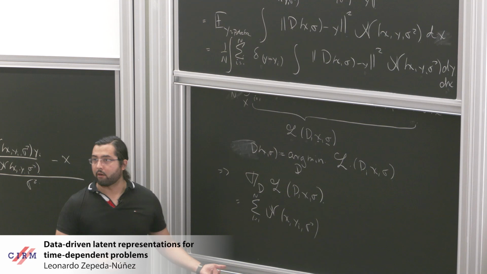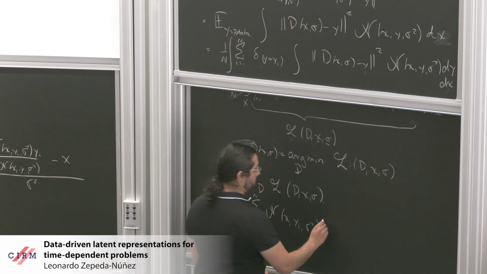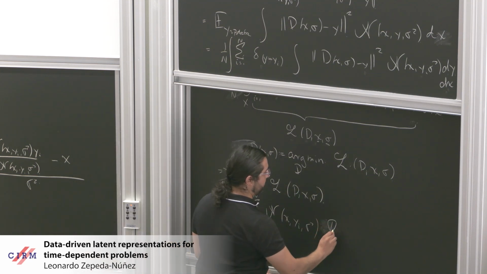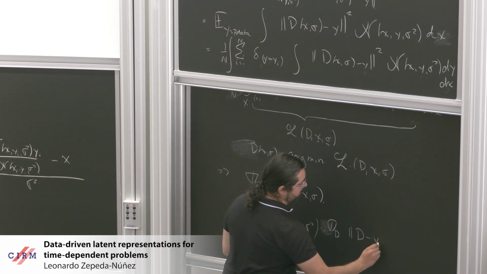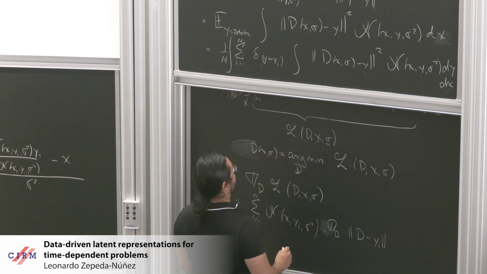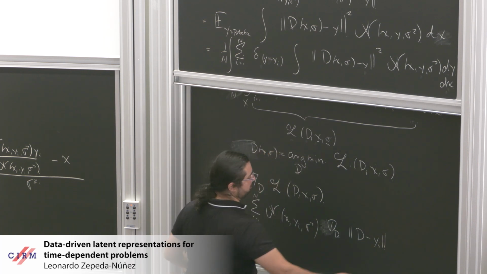This doesn't depend on d, so it doesn't matter. And then you have nabla with respect to d of this d minus yi, square.